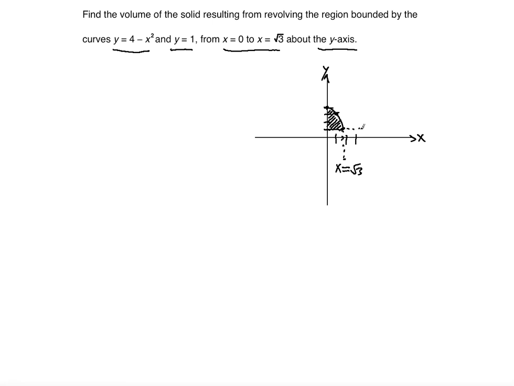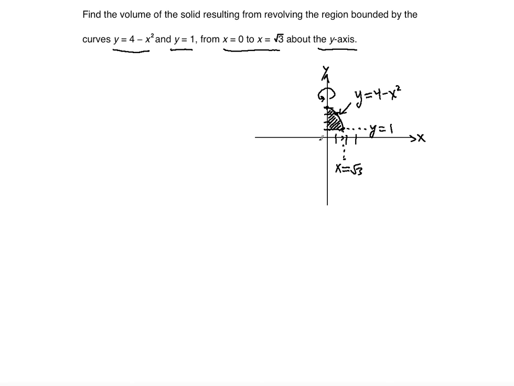This is y is equal to 1, and this is y is equal to 4 minus x squared, the equation. So we have to revolve this region about the y-axis, like this. So you know how you can revolve it.